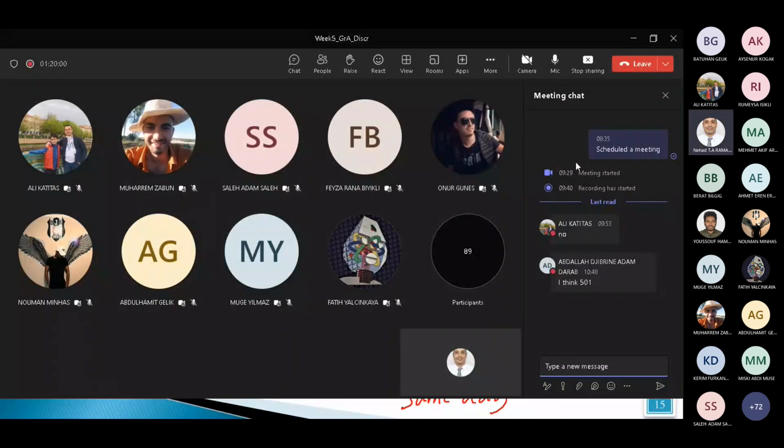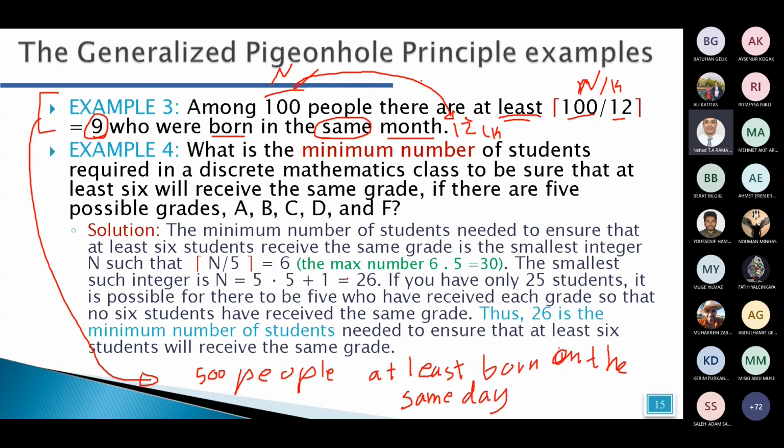The idea is that we need to distribute the number of people, so the number of people are the pigeons here. We need to distribute them over the number of days. The number of people is 500, this is N. We distribute it over the number of days in the year, which is 366.